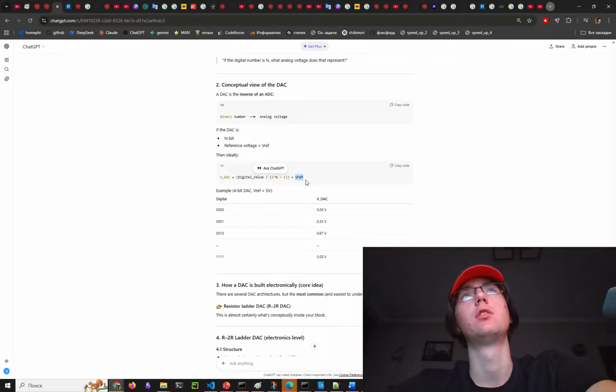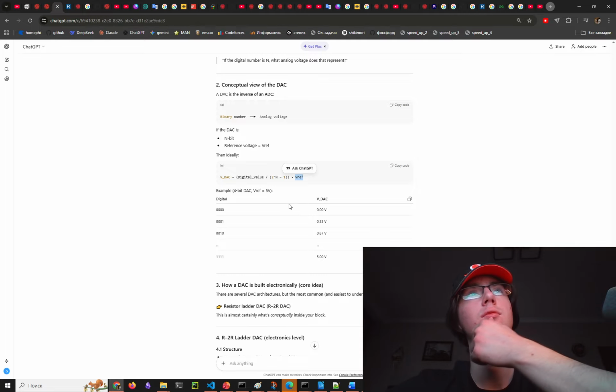Then we apply this to V reference. It's actually interesting why this formula is correct.